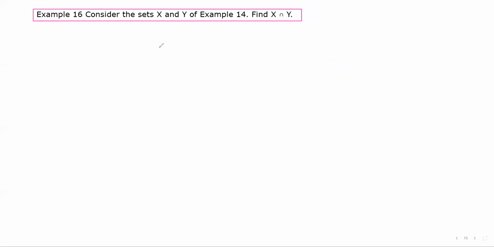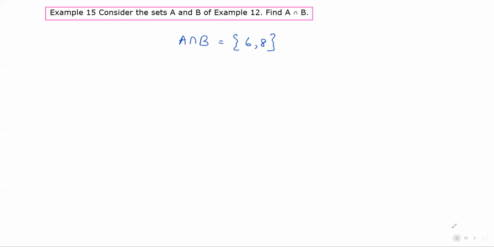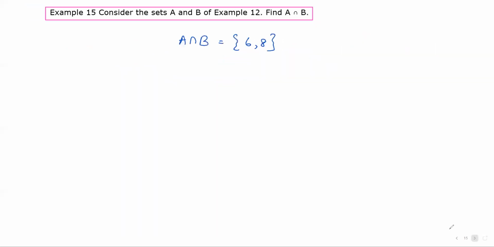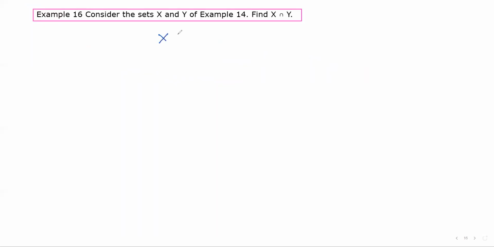So in the same question, we can write A intersection B equals 6 and 8, those elements which are common in both the sets A and B. Consider X and Y in example 14. Find out X intersection Y. Now we know intersection are the common elements. Geeta is the only common element over here. So X intersection Y will be equal to Geeta.